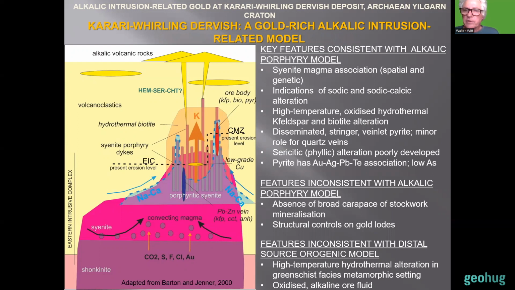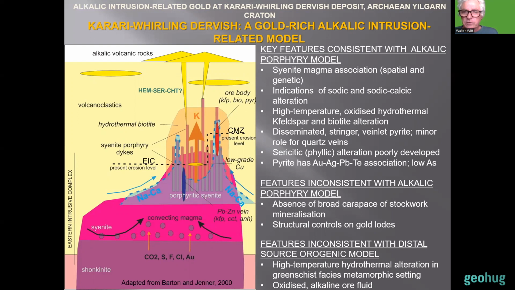I see the following features as consistent with an alkalic porphyry model. Well, first of all, there's the cyanide magma association. Secondly, indications of sodic and sodic-calcic alteration. Finally, and importantly, high temperature oxidized hydrothermal K feldspar and biotite associated with gold.